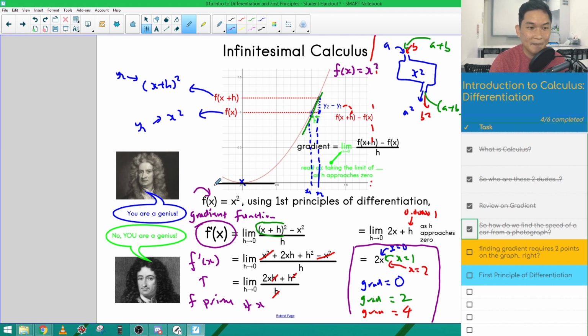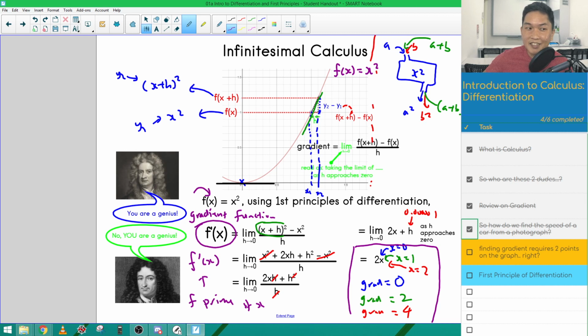Okay, so I am going to very sneakily try and answer the 5th question on the checklist. Why sneakily? Because if you think about this, 5 minutes ago, when I hadn't shown you the gradient function, you would have agreed with question 5 on the checklist, because finding gradient does require 2 points on the graph.